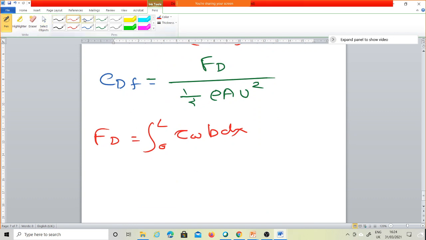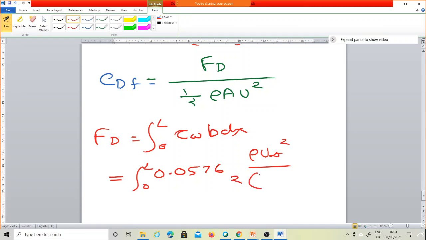Then if you have this and you substitute the value of tau, what you will get is 0.0576, you have the rho u infinity square, and then you have the Re. Because you need the L in this case, I write the x first.